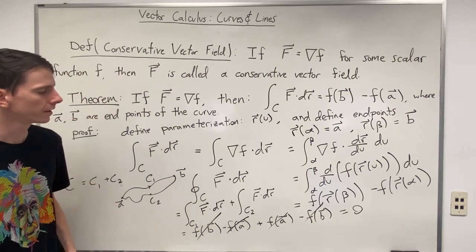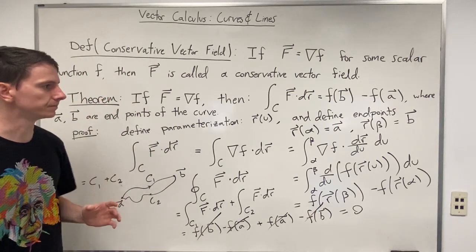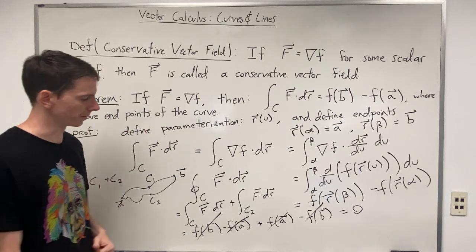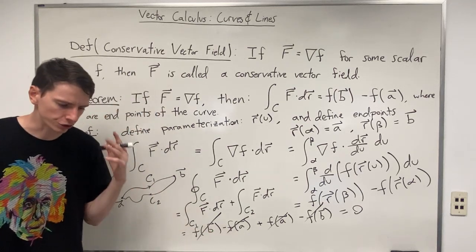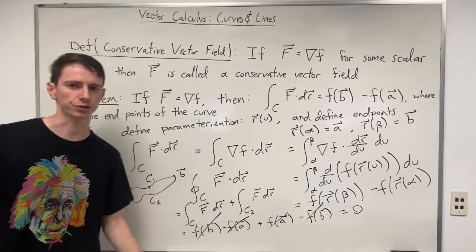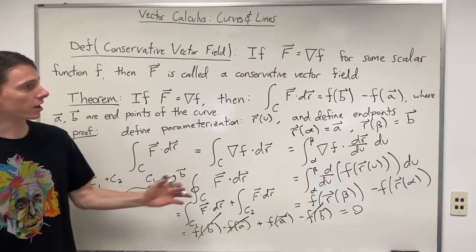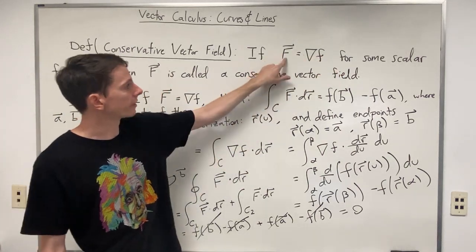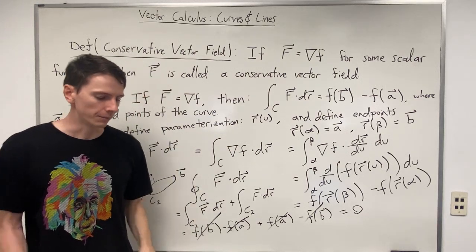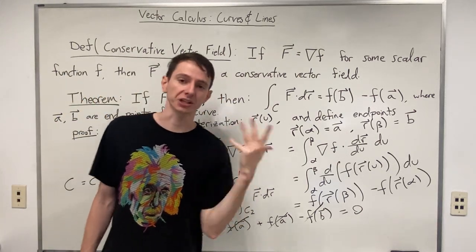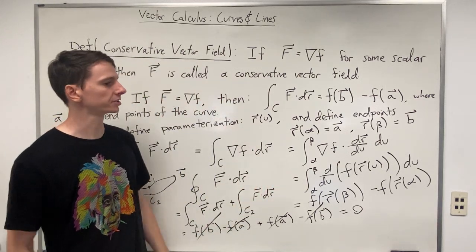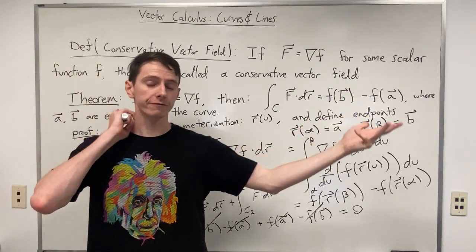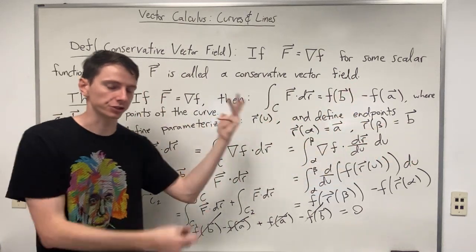Okay. Now, the next question that we can ask, which is probably the natural one, is, well, how do we determine if a vector field is conservative, right? We talked about how we could find this lowercase function f, assuming that the vector field is conservative. But as you could probably imagine, what actually ends up happening in a lot of problems is you're given some vector field F, and you want to know if it's conservative.